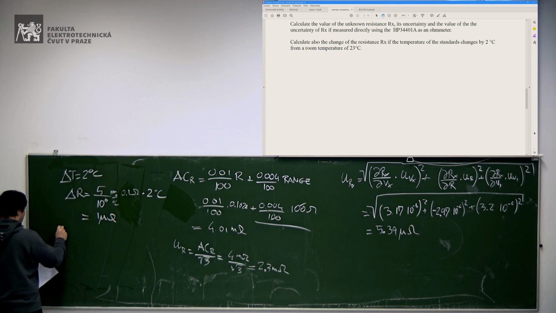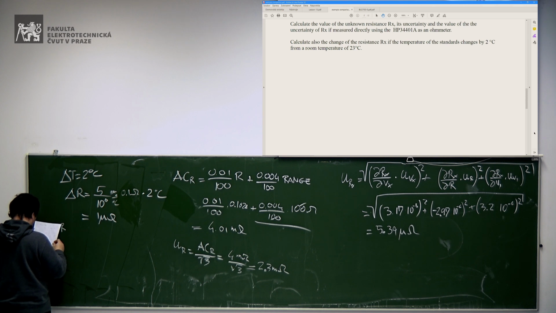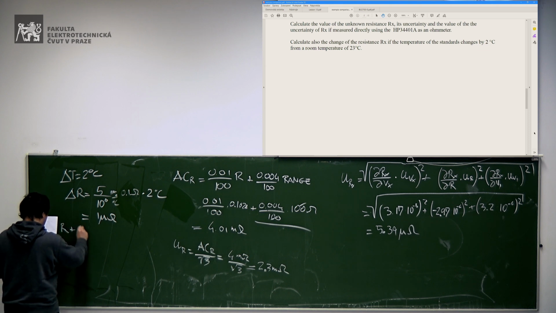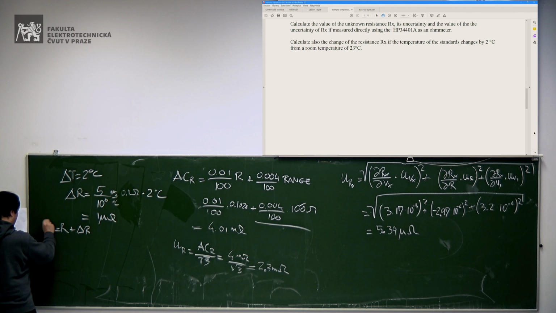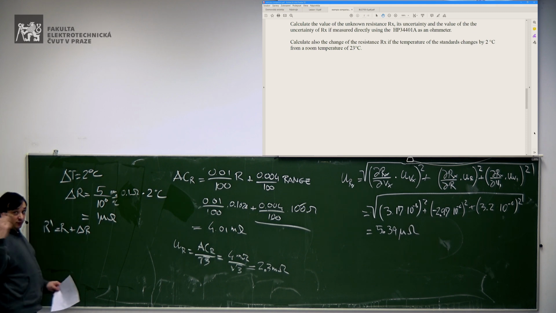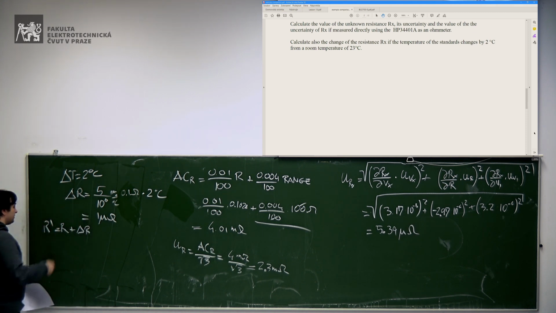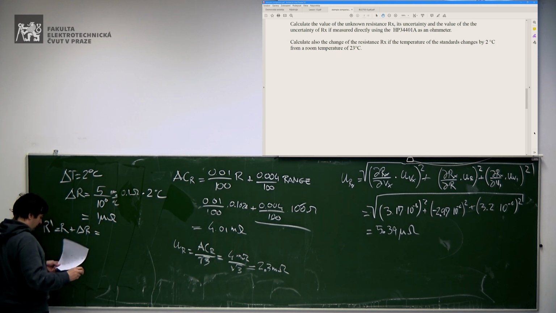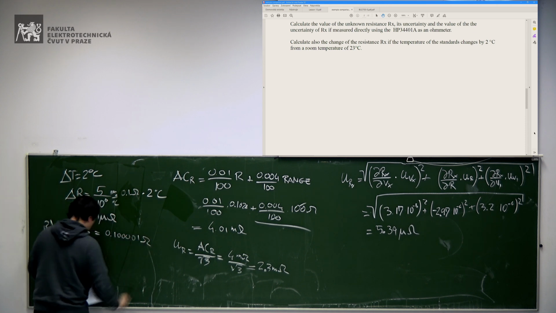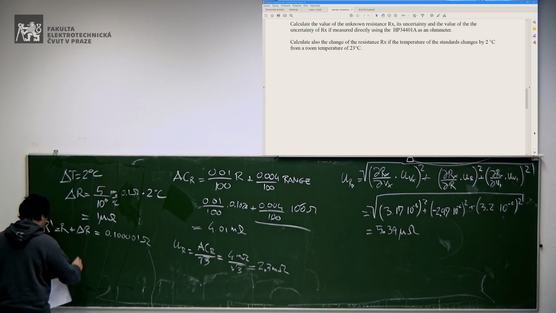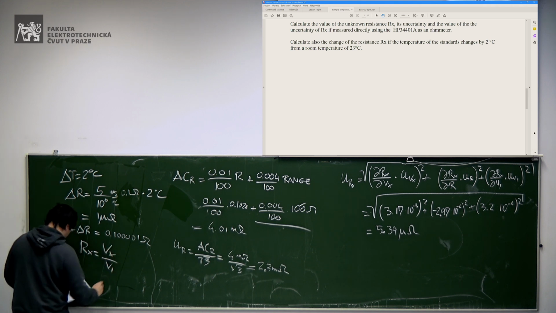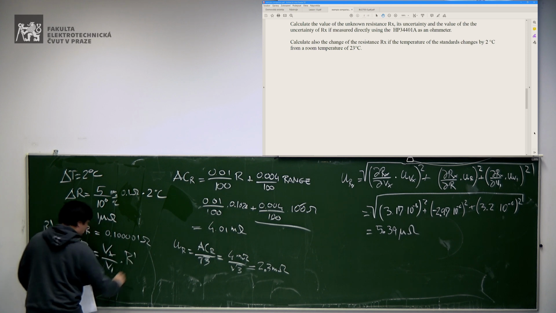And this means that the resistance of the standard at 25 degrees, because we move from a room temperature of 23 degrees to 25 degrees, 2 extra degrees, will be 0.10001 ohms, and therefore the resistance that you measure will be Vx divided by V1 times now R prime, not R anymore.